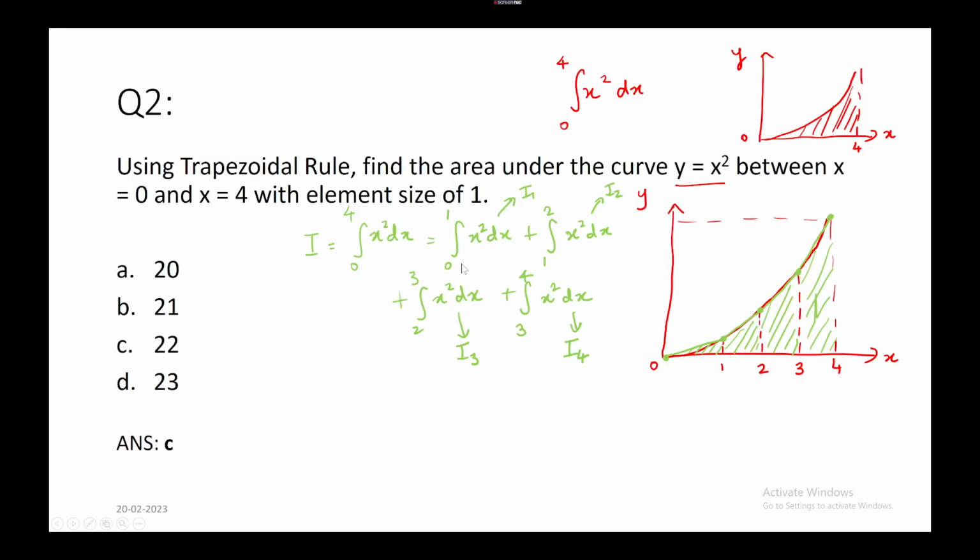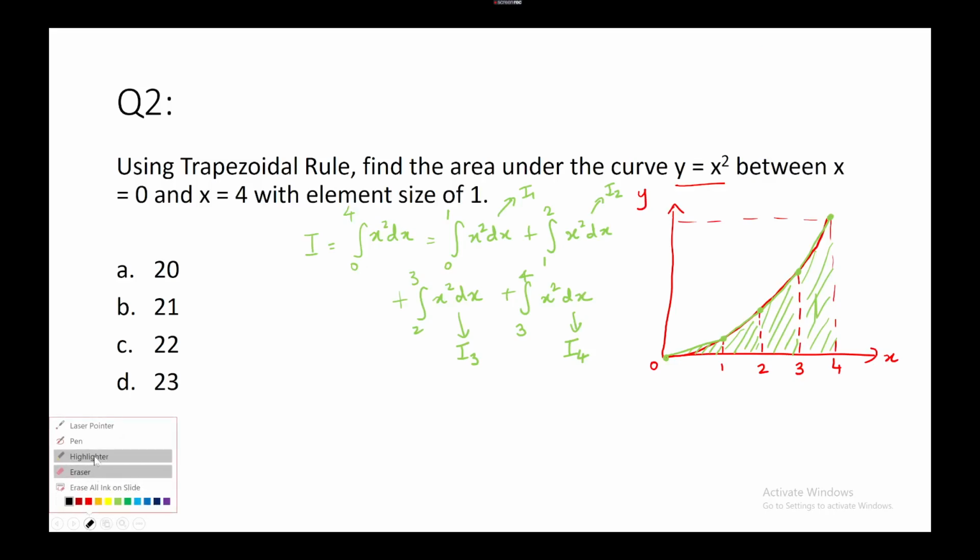So for that, I need the function value at the endpoints of each interval, which means I need the function value at 0, at 1, then at 2, then at 3, then at 4. So we'll quickly see what the values are. I'll just write at the top for now. I'll use red.